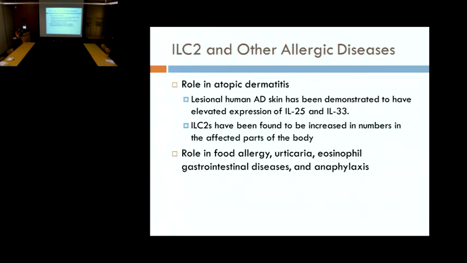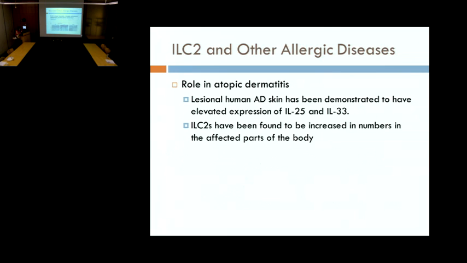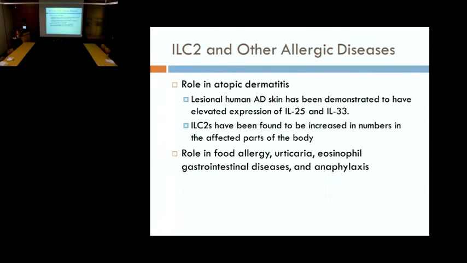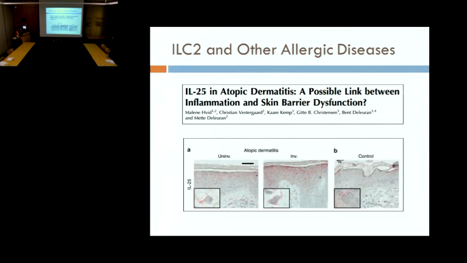And then their role in atopic dermatitis. Okay, so this is a paper I really included just for the pictures. They looked at IL-25 and its role in atopic dermatitis and skin barrier function.